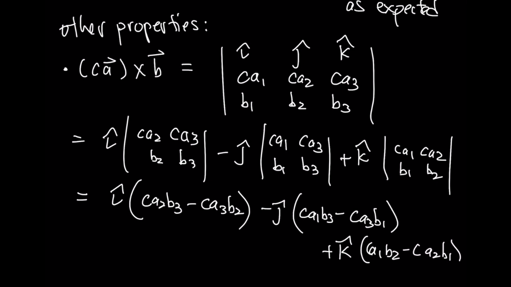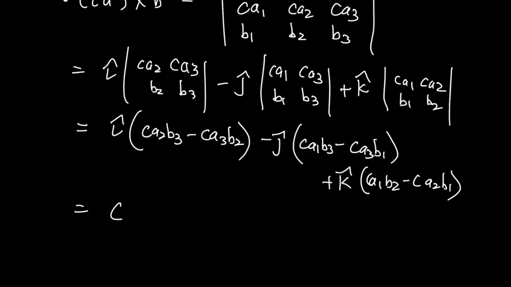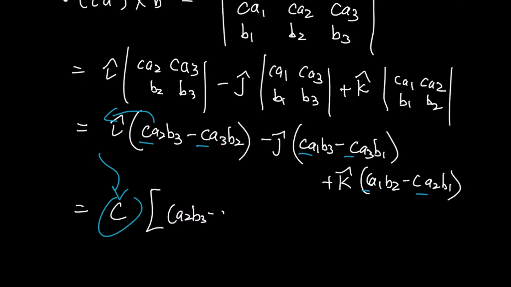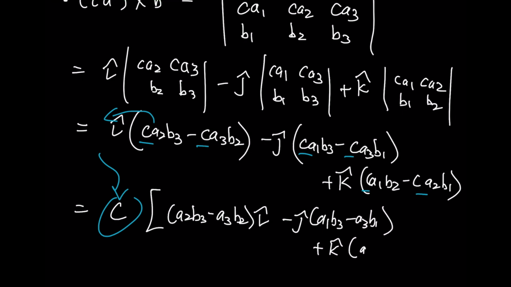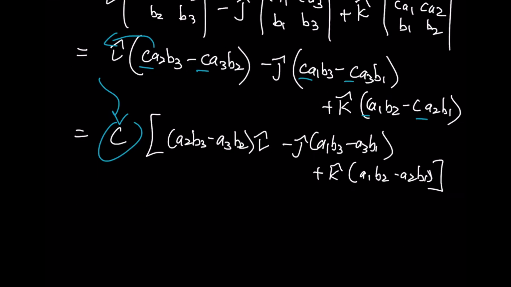So what you can see is that you can factor out this constant. It gets to be put in front. All that I will have left is A2B3 minus A3B2, which is the first component. A1B3 minus A3B1, which is the second. And then a k in front of this, A1B2 minus A2B1. Well, you've seen that before. That's the cross product.